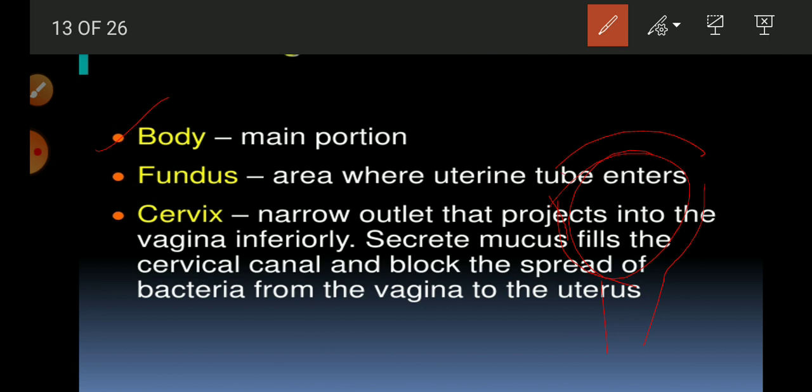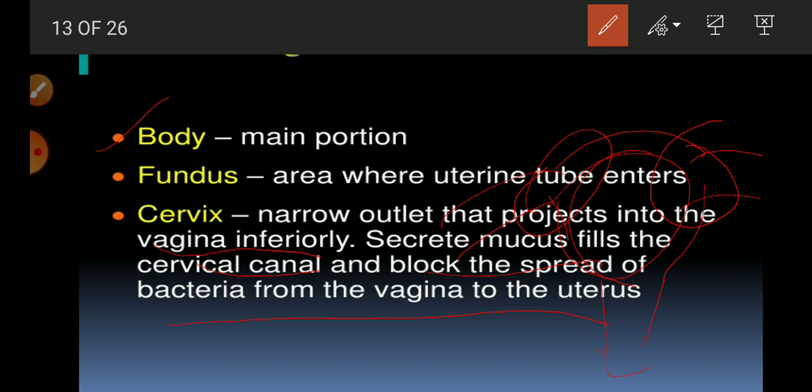This portion where the uterine tube enters is called the fundus. And then the cervix, a narrow outlet that projects into the vagina inferiorly, secretes mucus that fills the cervical canal, and blocks the spread of bacteria from the vagina to the uterus.